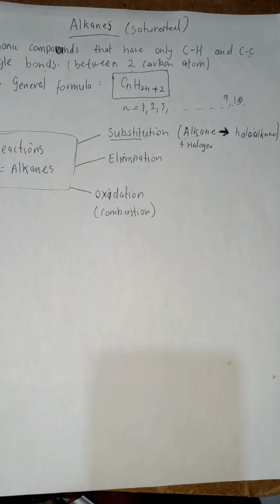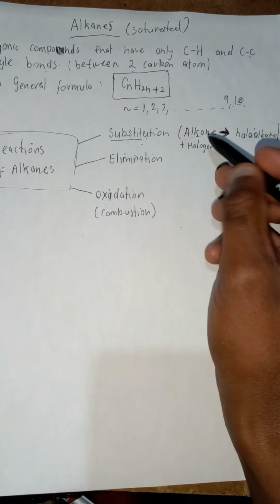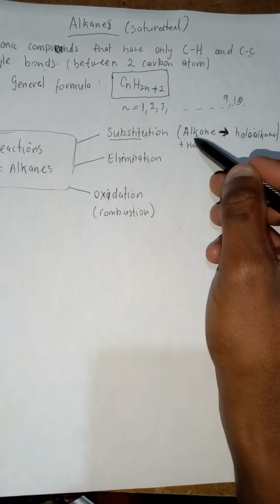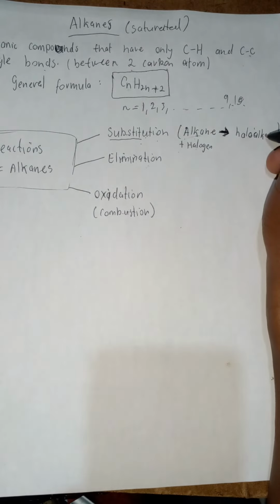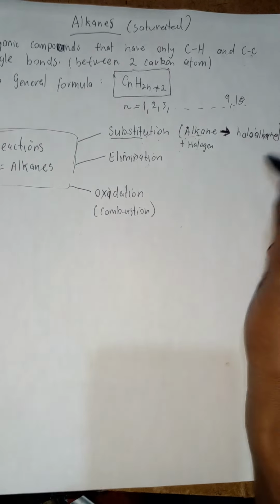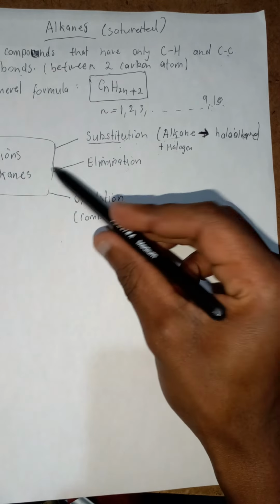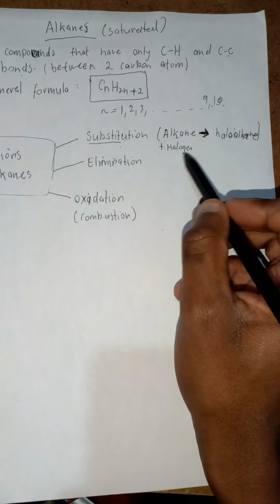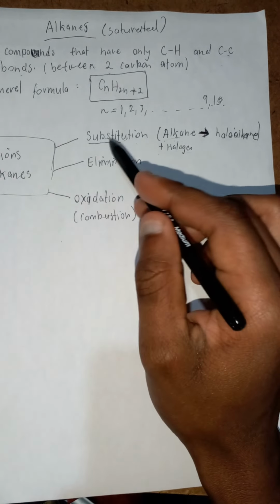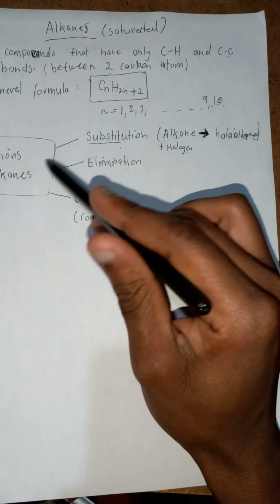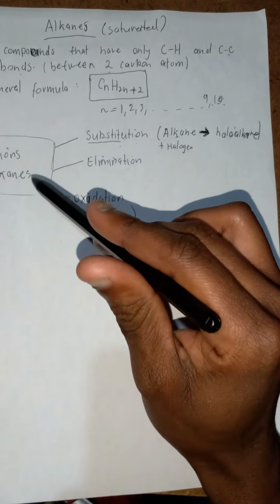Those are called halogens. So substitution is a reaction of an alkane reacting with a halogen to form a haloalkane. It's the type of reaction that happens on alkanes.